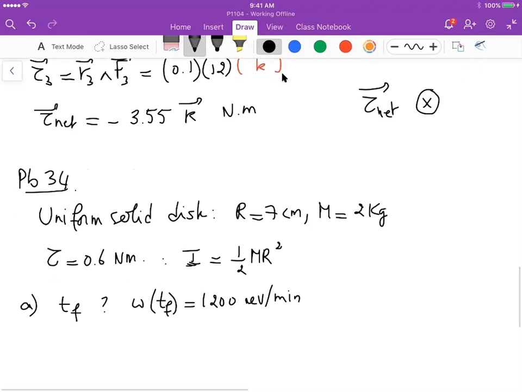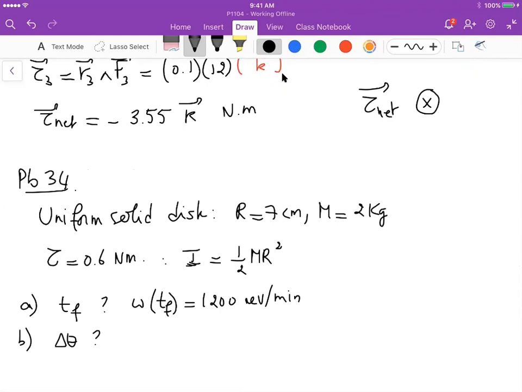That's the first question. And then in the second question we are asked through how many revolutions it turns while accelerating, how many turns it makes while accelerating until it reaches this omega final equal to 1,200 revolutions per minute. So let's call it delta theta. How much is delta theta? Right? So this is it.